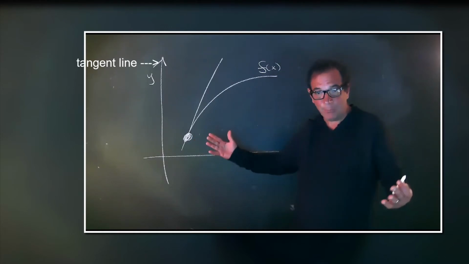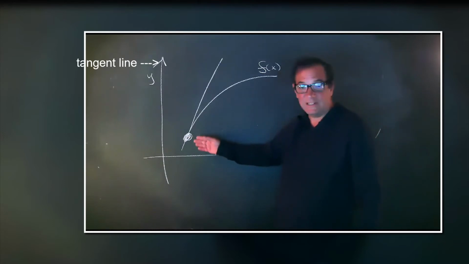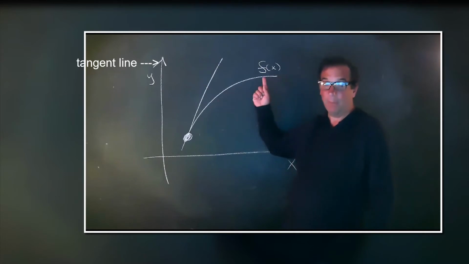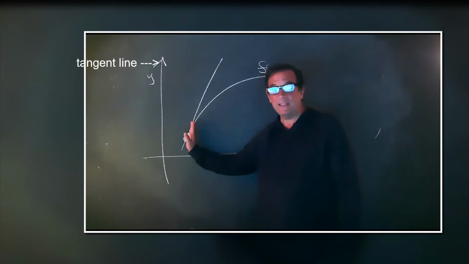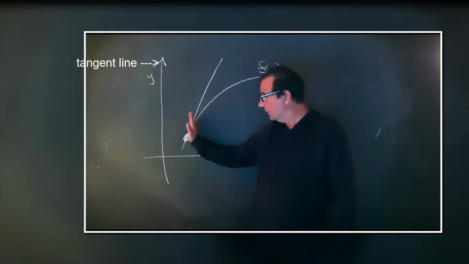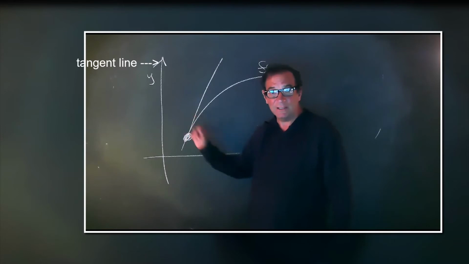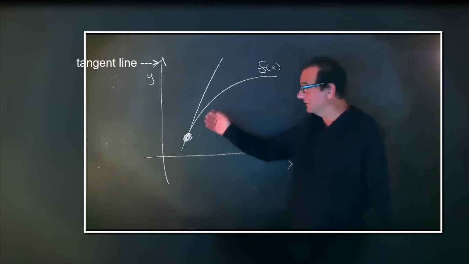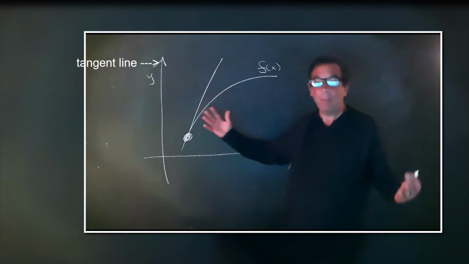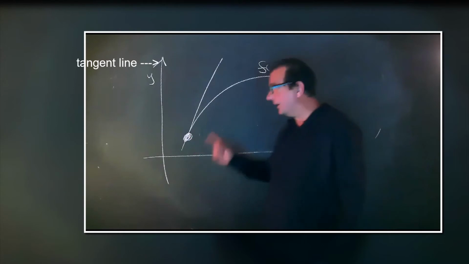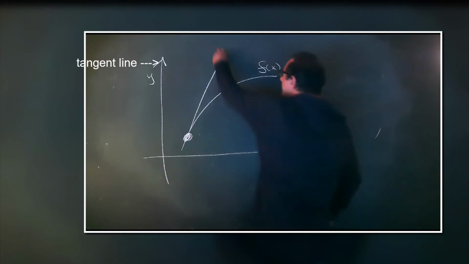You see, if this were a ski hill and gravity was in reverse and we skied up this, our skis would be pointing in this direction at this point. So the slope of our skis, the steepness of our skis, would represent the steepness of the curve at the point. So the tangent line can be the representative of the curve at that particular point. At any rate, so here's the tangent line.